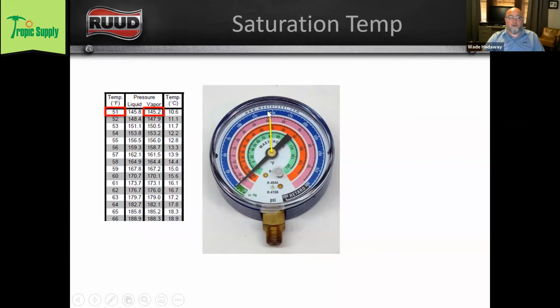So here's our pressure in the blue. Here's the saturation temperature at that pressure in the pink for 410. And like I said, this only applies when there is a mixture of vapor and liquid. It has to be saturated, meaning that there's vapor and liquid present.